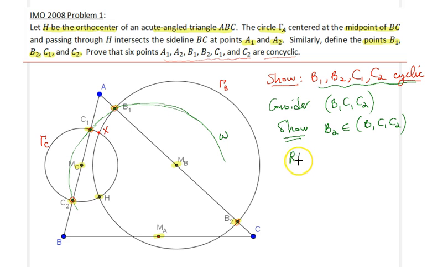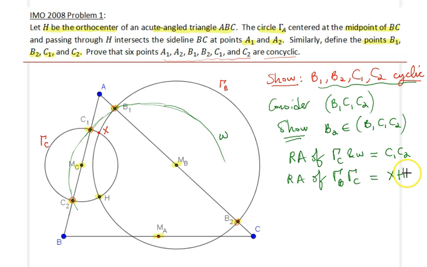So the radical axis of gamma C and omega is simply the line C1C2. In a similar way, the radical axis of gamma B and gamma C is the line between those two intersection points X and H. So therefore it would be XH.